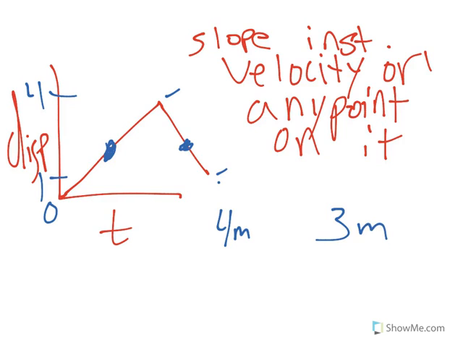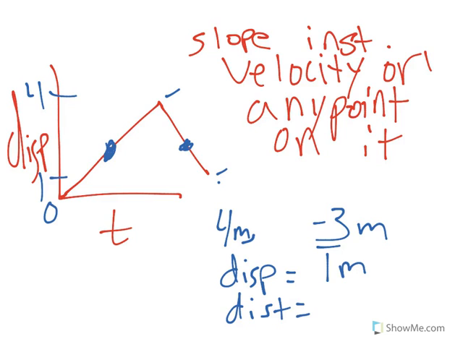So he went 3 meters, and displacement is negative. But remember, distance isn't concerned with positive or negative. So his displacement for our graph here would be equal to 1 meter, but his distance would be the total amount traveled. So 4 plus 3, which would be 7 meters. All right? So that's using the graph of displacement versus time.